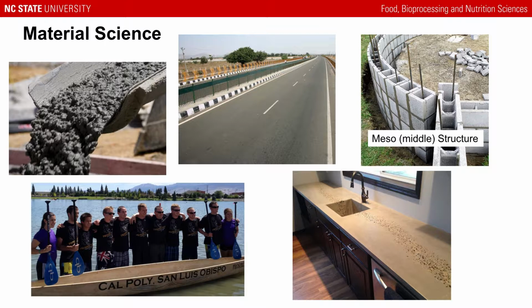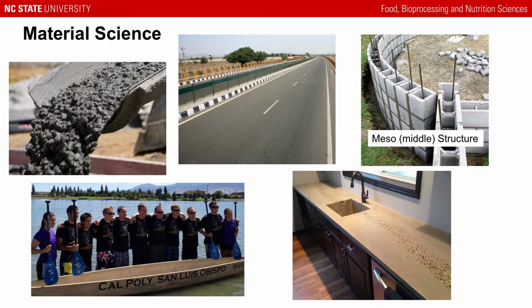We can modify the concrete such that we can get this beautiful countertop, and they have different types of textures in that there, so we get two elements built into it, not the homogeneous element up at the top. Or if you're really creative, you can build a canoe out of it, knowing the ideas of buoyancy and how something like that works.